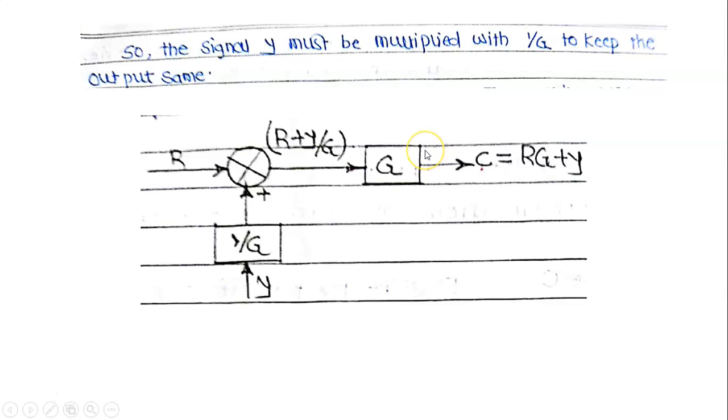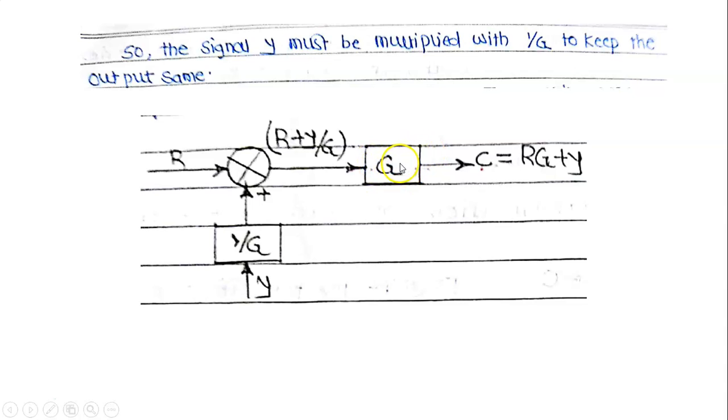Therefore what have we done? If we have to shift a summing point behind the block, we have to add a block having its value as the reciprocal of the value of that block. See that earlier the summing point was here, we have shifted it here. Therefore we have added a block having the reciprocal of the value of the block.